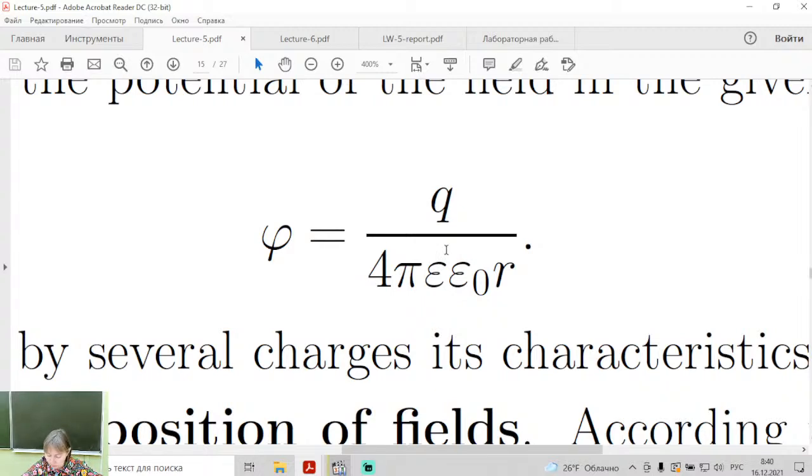According to the principle, the intensity of the electric field created at some point by several charges is equal to the vector sum of intensities of the fields created at this point by each of the charges, and the potential is equal to the scalar sum of potentials created by each of the charges.